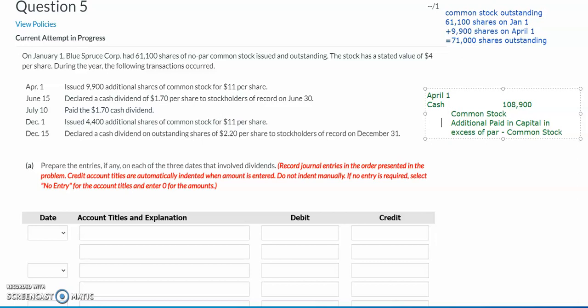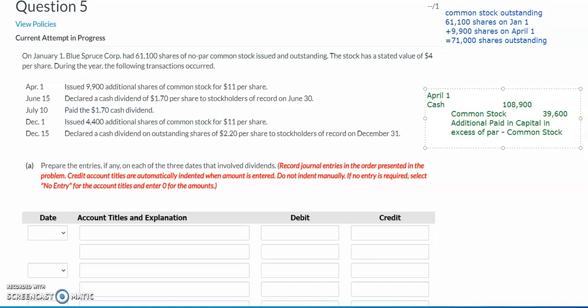Then for the common stock, I'm going to take the number of shares and multiply this by the par value. So it's going to be 9,900 times $4 par value. That will give me my 39,600. And the difference is going to be reported as a credit into this account, additional paid-in capital in excess of par.